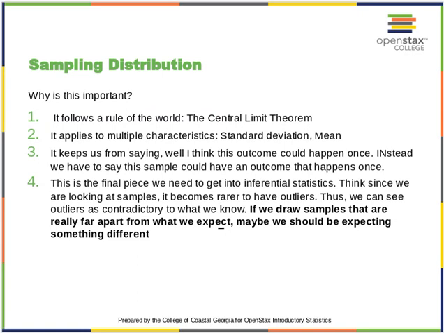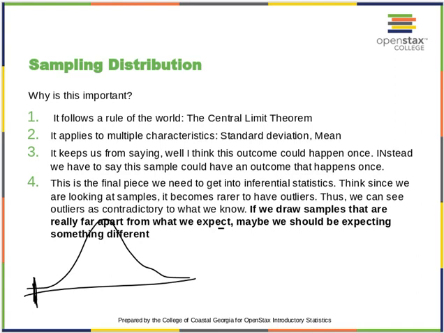So what that tells us is if we are drawing a sample, this is not an individual observation, but a sample. So I pull 20 people, not one person, 20 people.